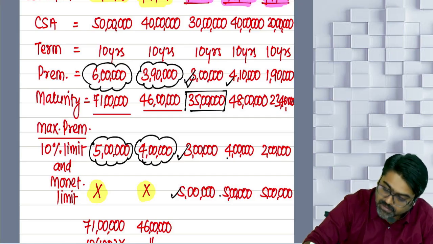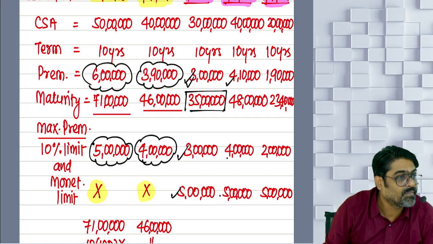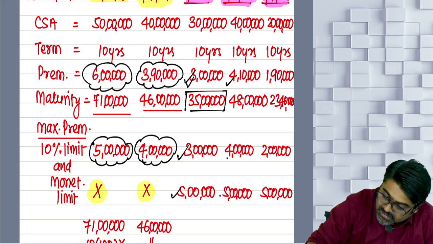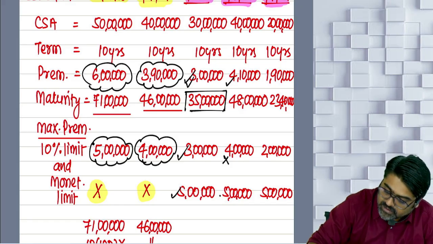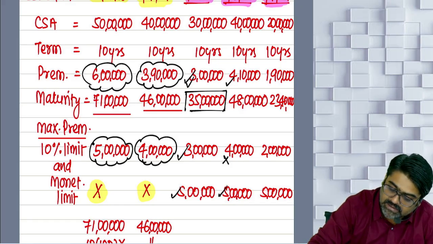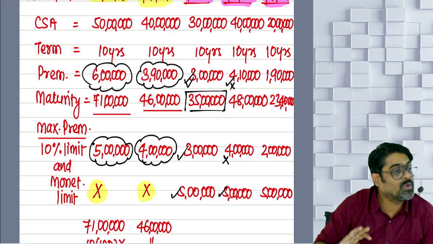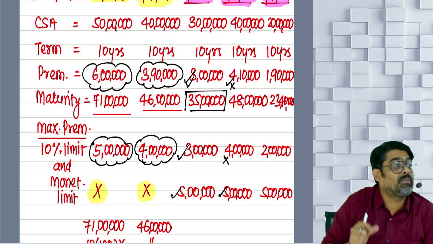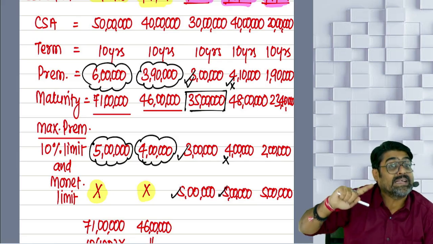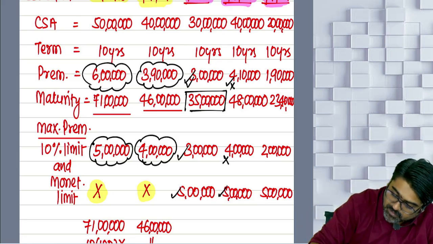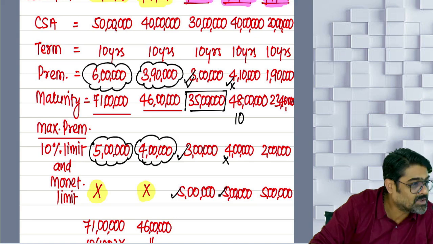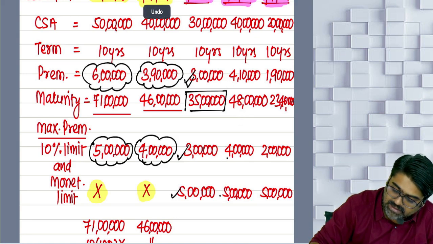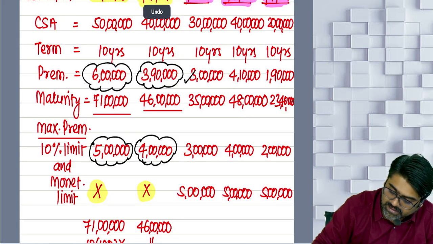Even though the premium paid is within the 5 lakh monetary limit, since it is more than the 10% percentage limit, for this policy the 10(10D) exemption will not be available. So this entire 48 lakhs will be taxable.